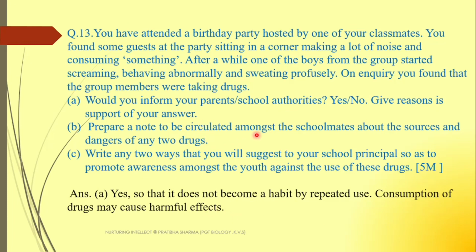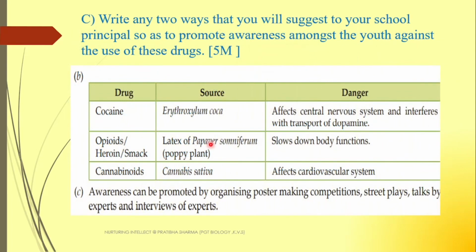Prepare a note to be circulated among the schoolmates about the source and danger of any two drugs. Any two drugs, their source and their danger. Here you can see cocaine, whose source is Erythroxylum coca.